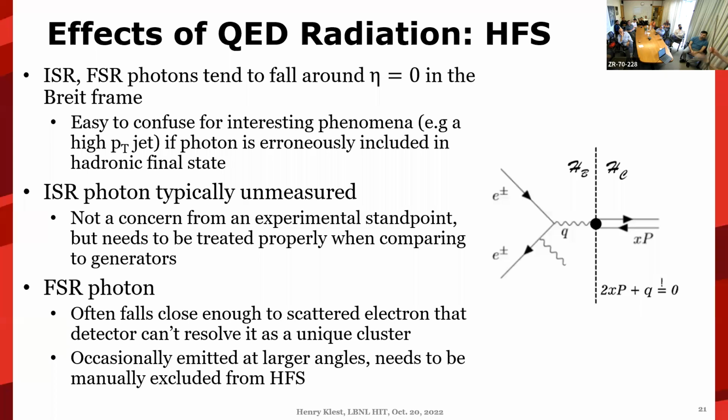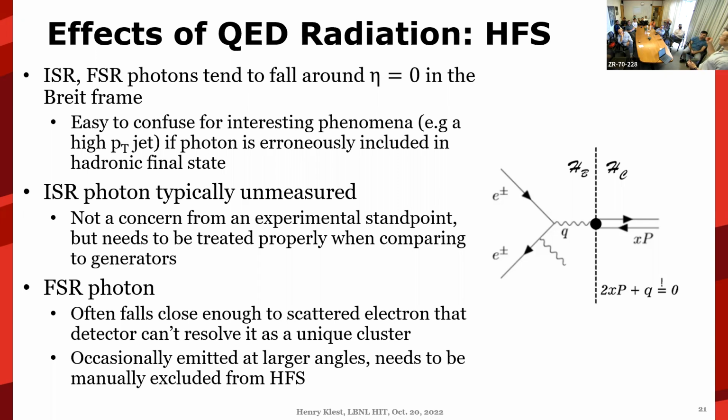The ISR photon you typically don't measure anyway, so it doesn't really affect your measurement. But if you're doing a comparison to an event generator or something like that, you need to make sure that that's handled properly. But like you said, it affects Y, it changes basically everything. The final state radiated photon doesn't affect the kinematics of the collision per se, it affects how you reconstruct them.